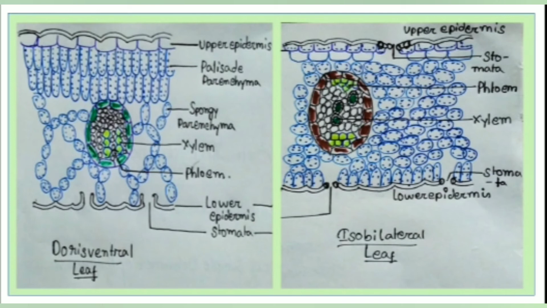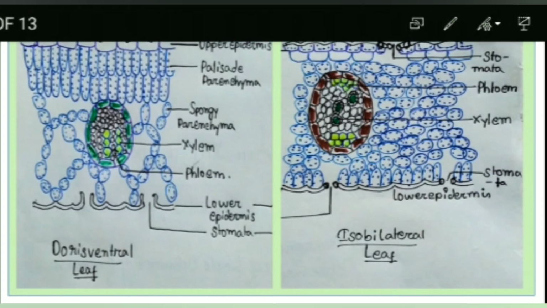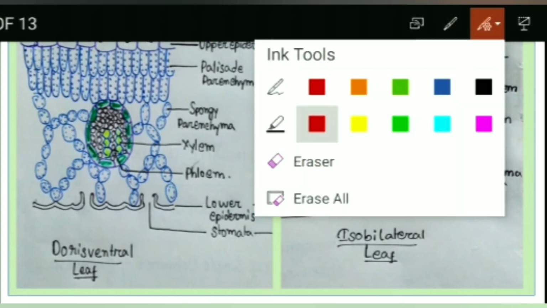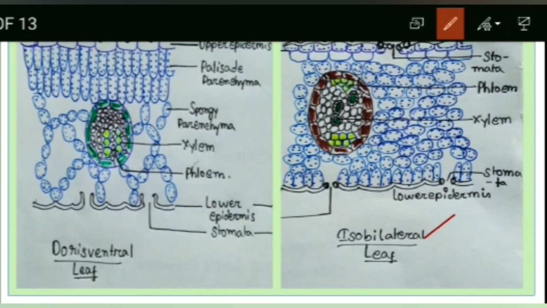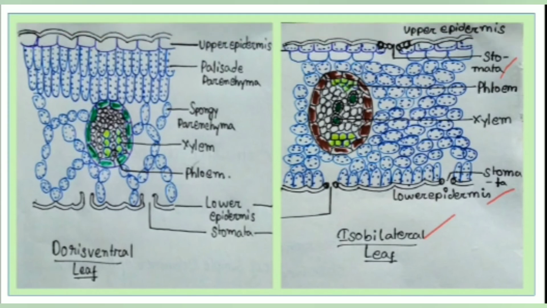Both leaves contain upper epidermis and lower epidermis, but there is a difference. In the dorsiventral leaf, stomata are present only in the lower epidermis, but in the isobilateral leaf, we can see stomata in the lower epidermis and also in the upper epidermis.